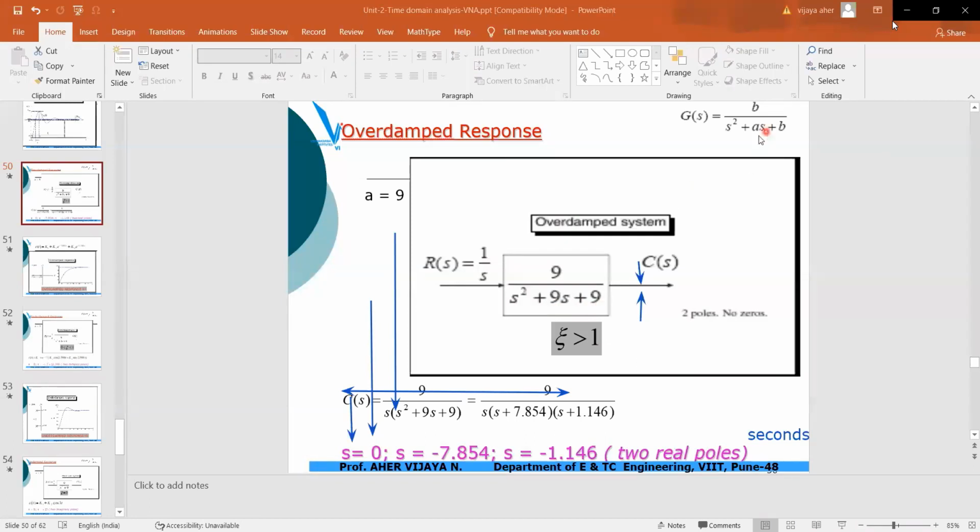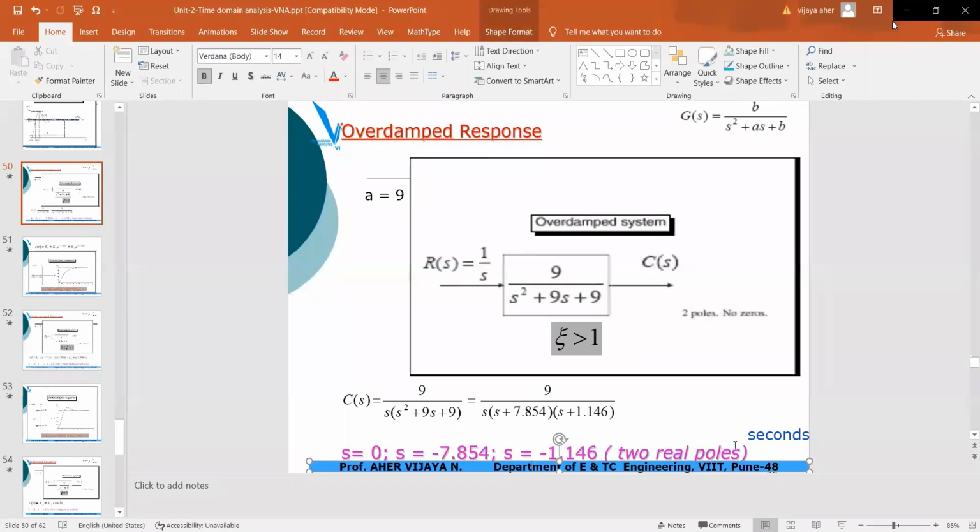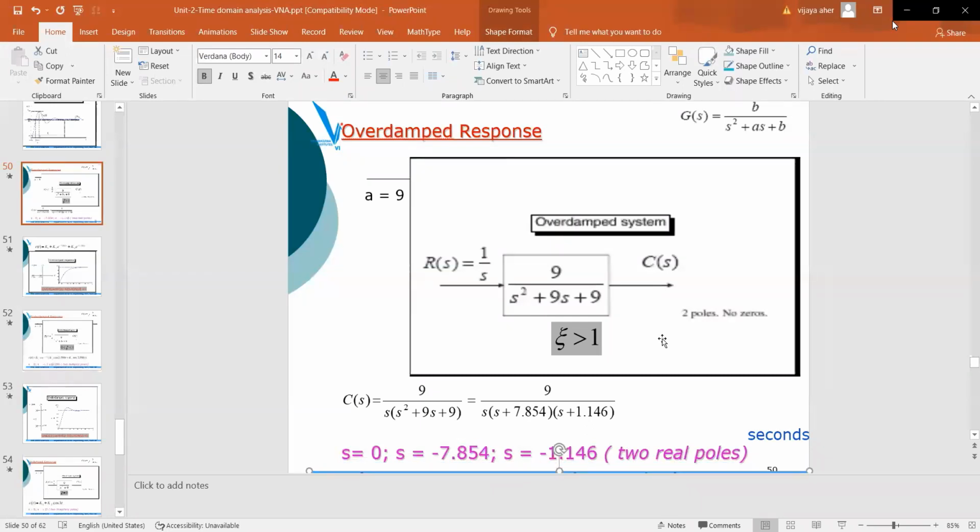So B is equal to 9, A is equal to 9. Take a minute. Is this clear now? Okay, please write the example when zeta is greater than 1. Zeta greater than 1 means overdamped system or overdamped response.